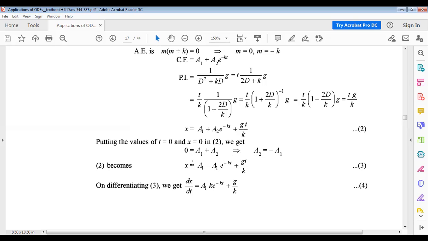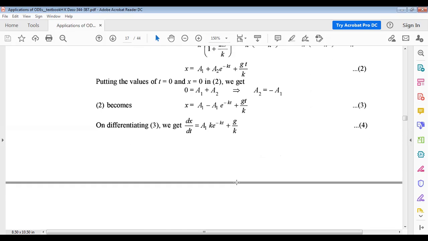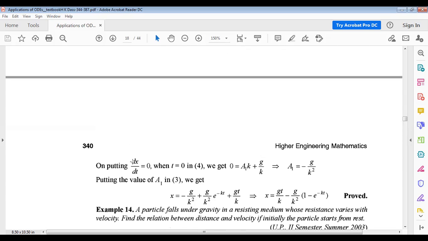Okay, we get this. Now on differentiating with respect to t on both sides, we get the velocity dx by dt, equation number 4. So putting dx by dt, velocity will be 0 at time t equals to 0 because it started from rest. So we get a1 equals to this one. Putting the value of a1 in equation number 3, we get the complete solution. This is actually the particular solution.